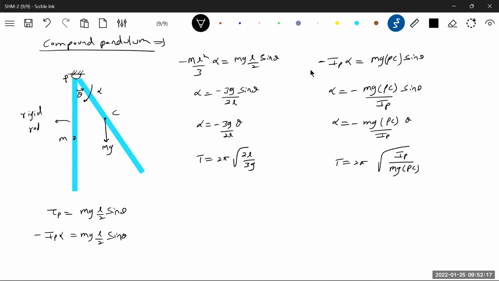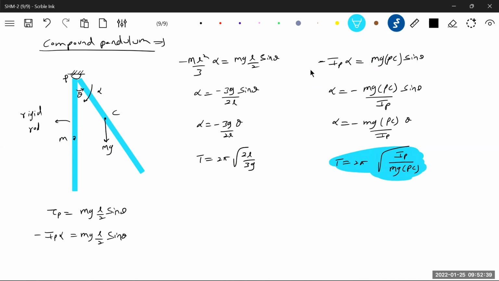So what is that PC? PC is the distance of separation between the center of mass and point P. And what is Ip? Moment of inertia of that rigid body about the point of suspension P. This will become a generalized formula.